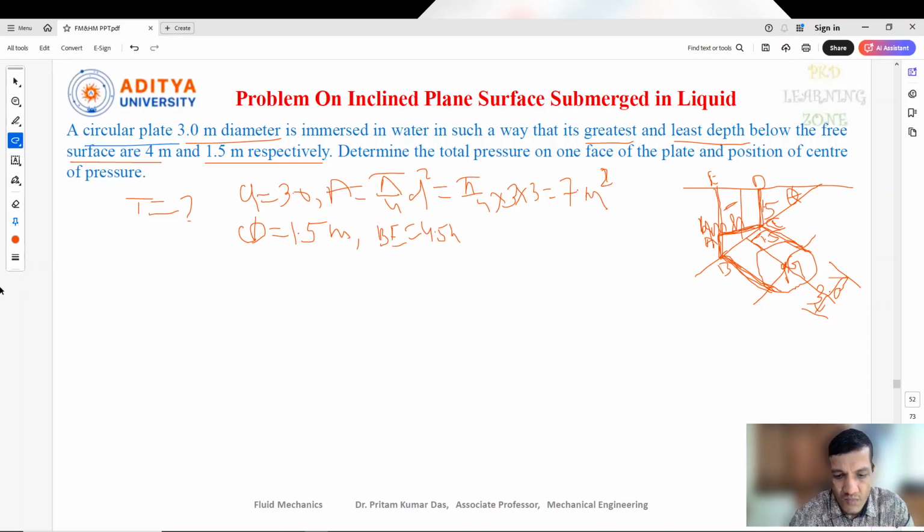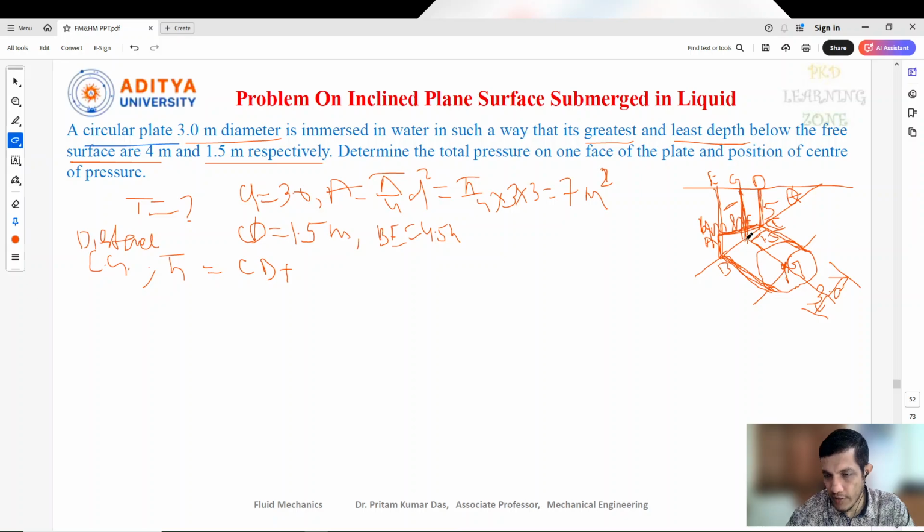Next, we need to find out the distance of CG from the free surface. That we can write h bar. We know that h bar equal to CD plus this height. So we know the height from here to here. Suppose this is the G point and this is F point. Suppose FG we know, FG equal to CD.